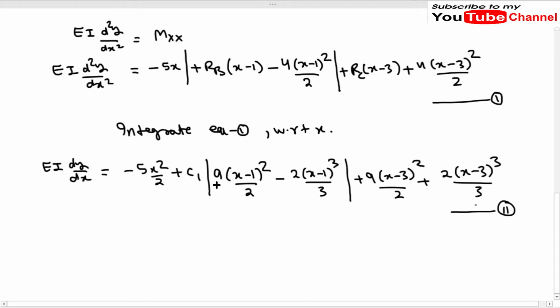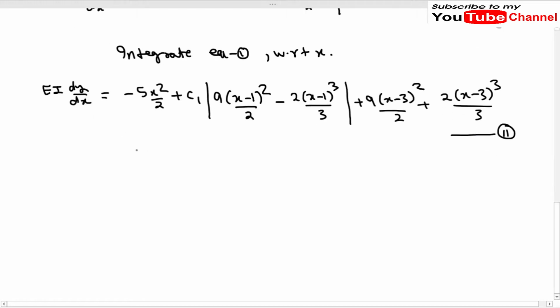Now we have got the equation for our slope, so we will integrate this equation again. Integrate equation number 2 with respect to x. So now I will get the equation for our deflection.